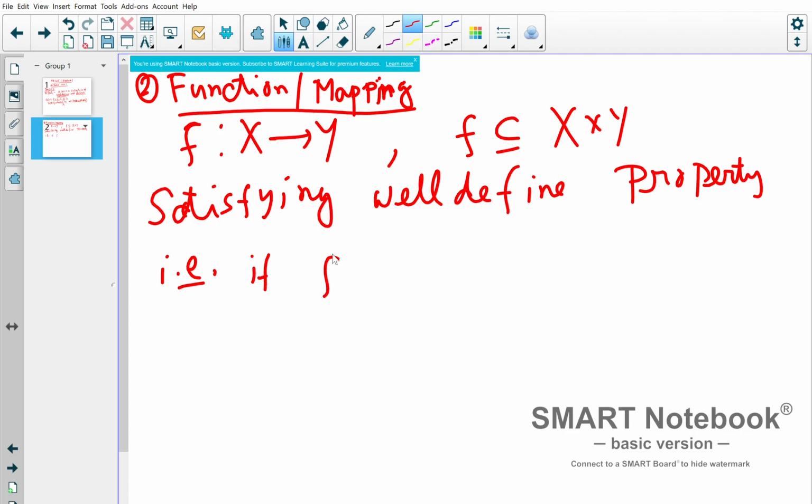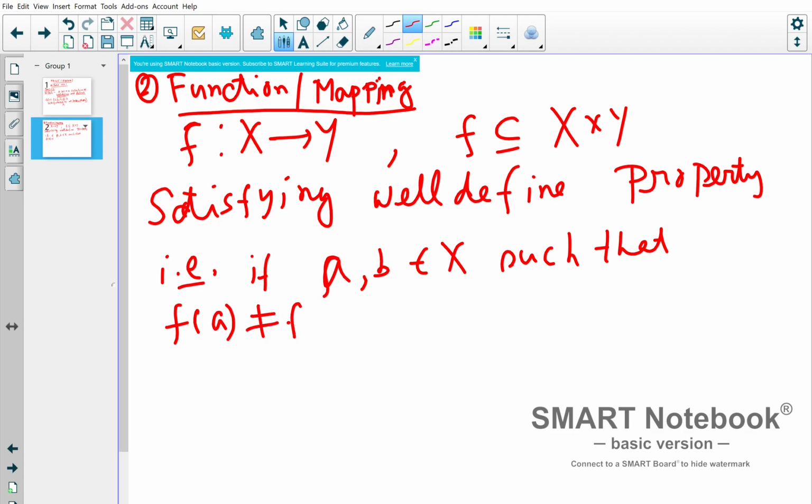Suppose we have two elements a and b inside X such that f(a) and f(b), the images of the two, are different in Y, then the objects are also different, a not equal to b. If the images are different, then the objects themselves are different. This is called the well-defined property.